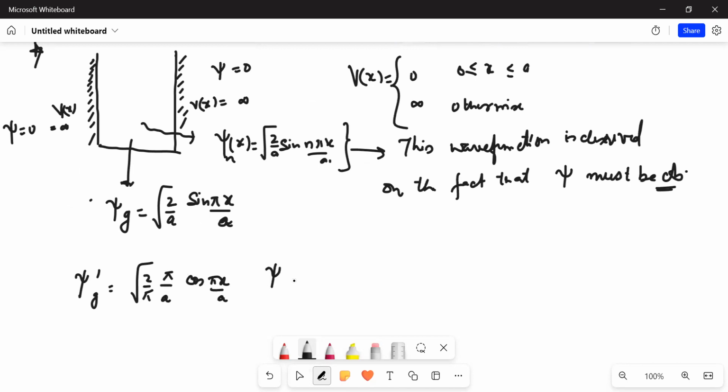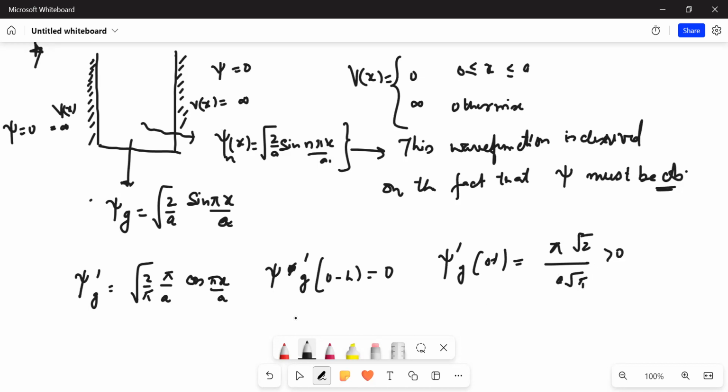Now just try to take the left hand derivative. I know that psi dash at 0 minus h would be simply 0, because here the wave function is clearly 0 because the potential is infinite. And to the right hand side, the derivative at 0 plus would be simply pi root over 2 upon a times root over a.